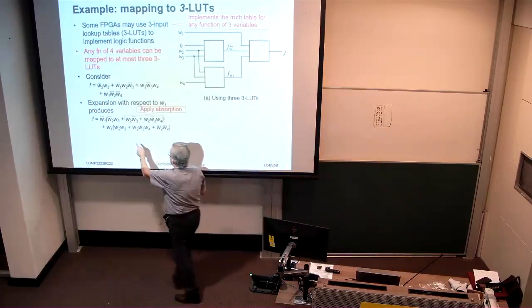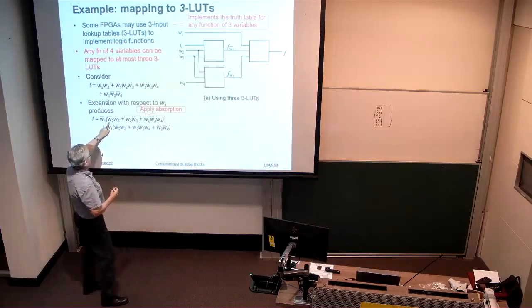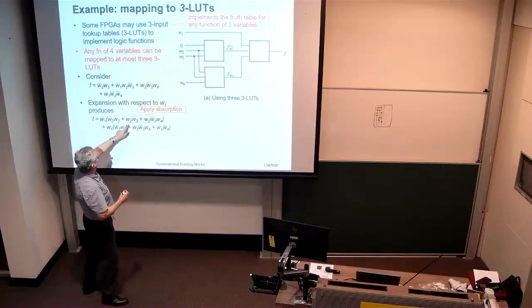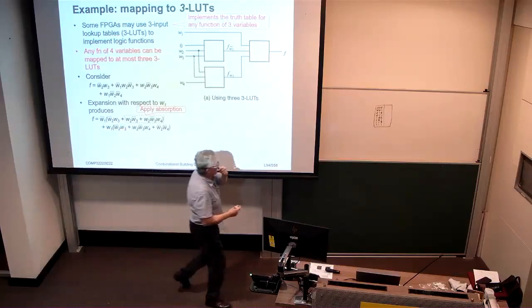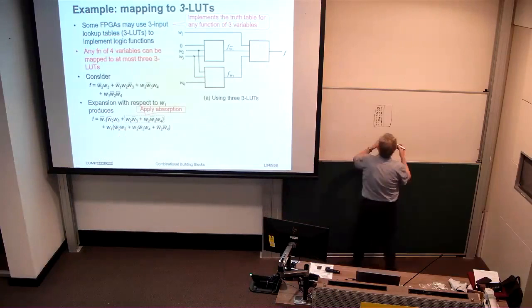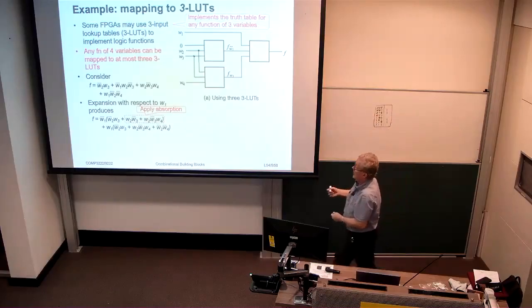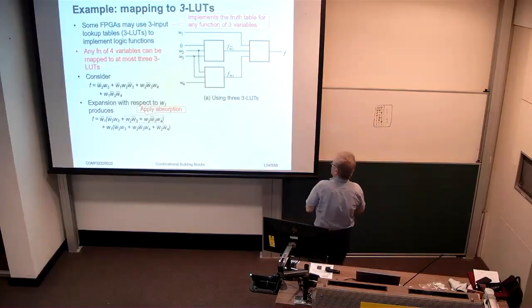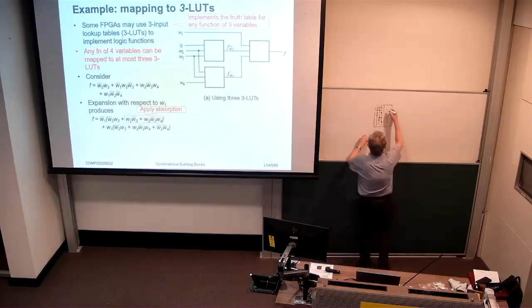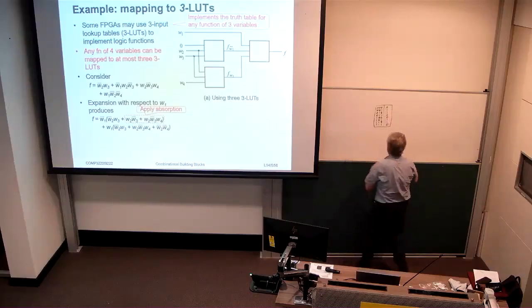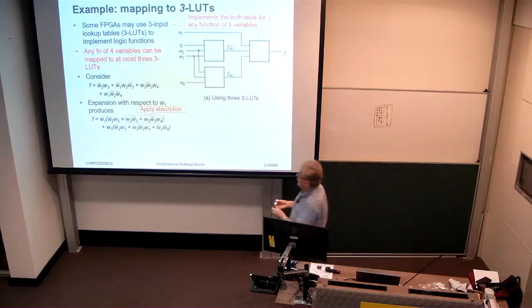Well, it's got to implement this function here, W2 bar W3 or W2 W3 bar, right? W2 bar W3, W2 W3 bar, because we don't care about the other input. Right, it's just the exclusive OR of W2 and W3, right?